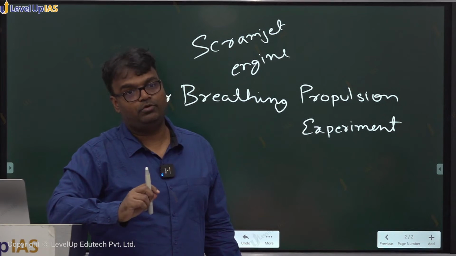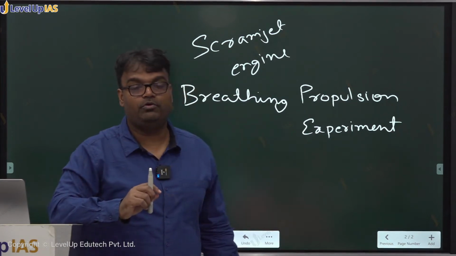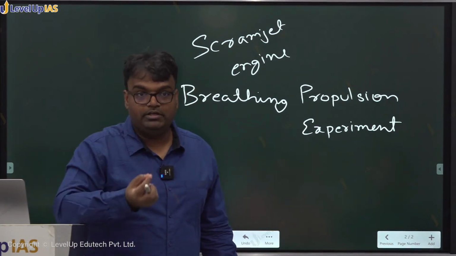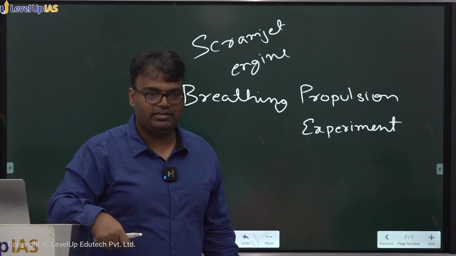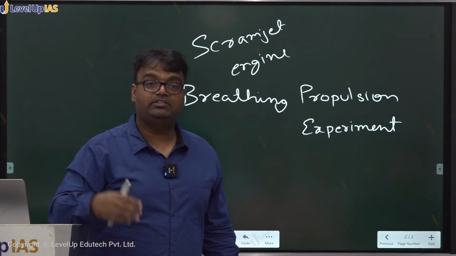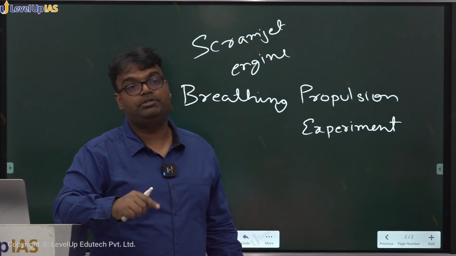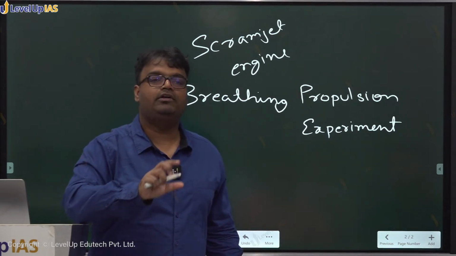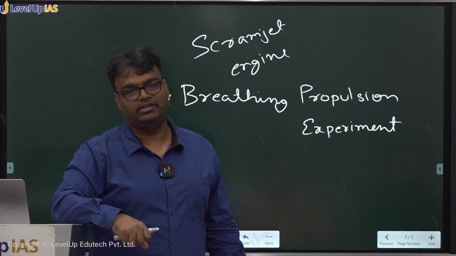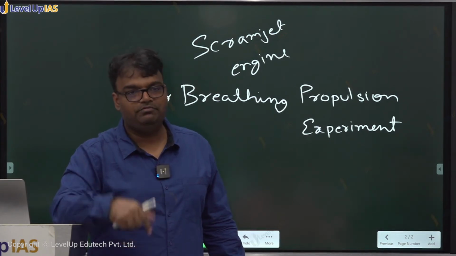And the test was, air breathing propulsion experiment mein test was, we should be able to maintain a flame in that high speed of air which is entering. In ramjet, we use a compressor to slow down that air, and then we use it.